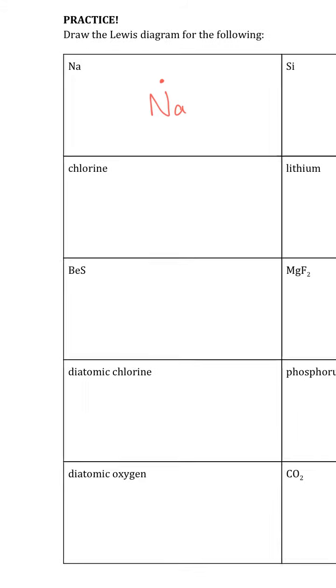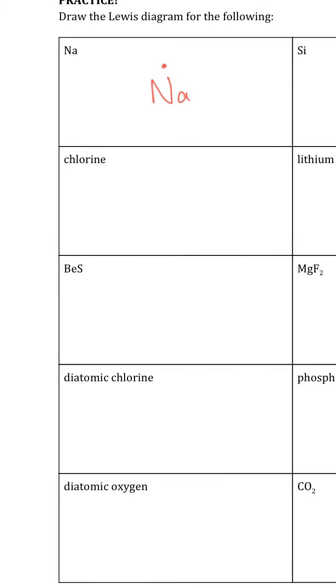Let's go on to chlorine. So for chlorine, it has 7 valence electrons according to the periodic table. So I'm going to start here and go around. And then you'll notice that you do a second lap. And on the second lap, you pair up the electrons until you have 7 electrons in the valence shell.